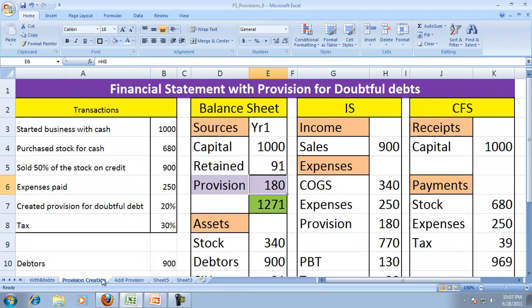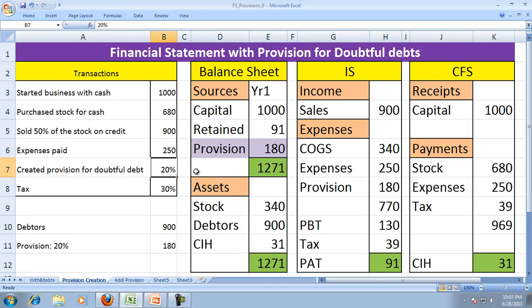In the previous session, we saw that the business created a 20% provision on the debtors, and the provision is shown on the balance sheet, but it is also shown in the income statement, and debtors are not reduced to that extent.